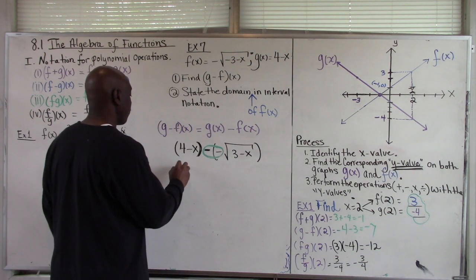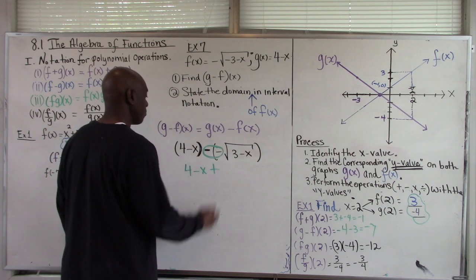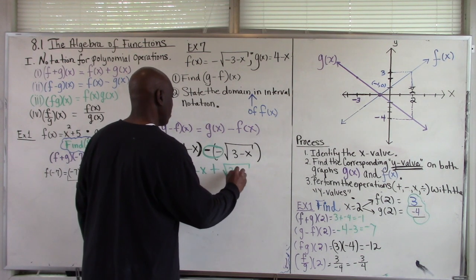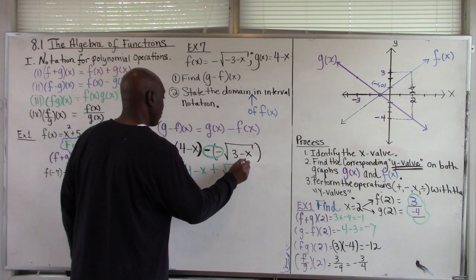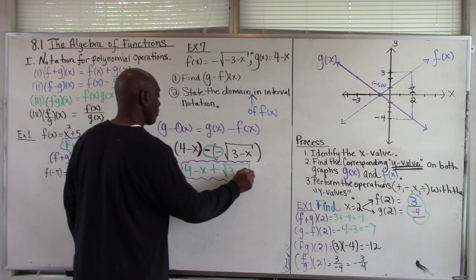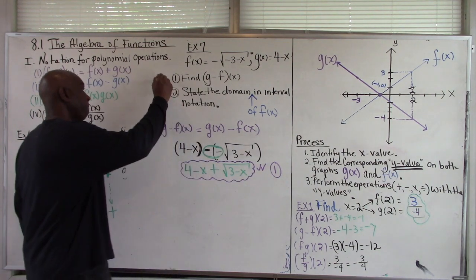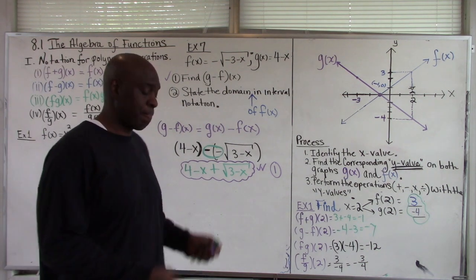So I'm going to have 4 minus x plus the square root of 3 minus x, and you're all done. That's the answer for number 1.